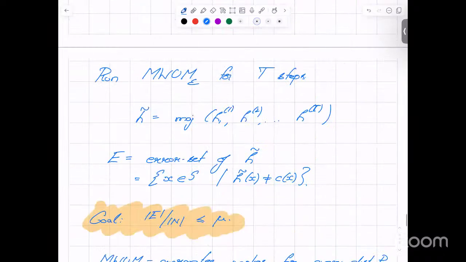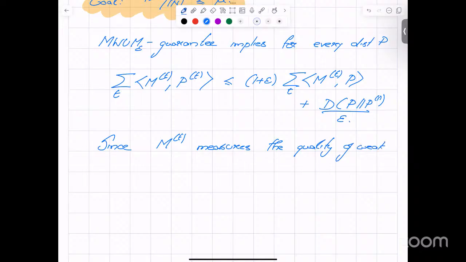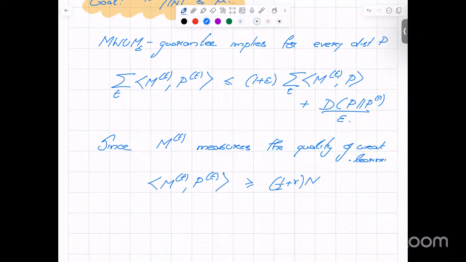So for every PT, since MT measures the quality of the weak learner, I want to claim MT PT is greater than or equal to half plus gamma.